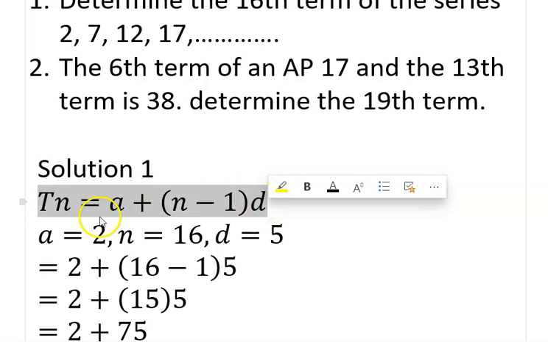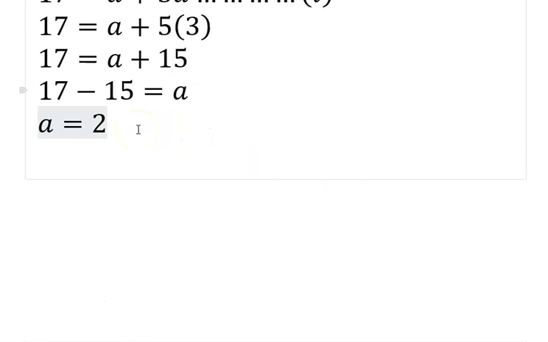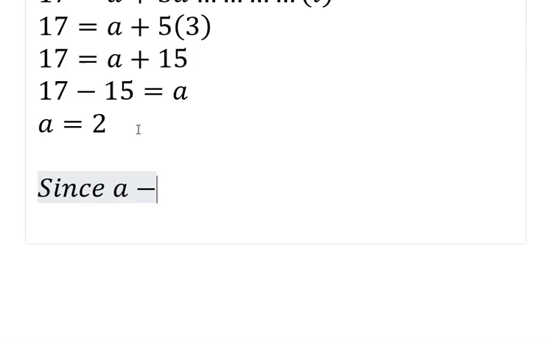Since we know the common difference and the first term, and we are looking for the 19th term, our first term is 2, our common difference is 3, and our n is 19.